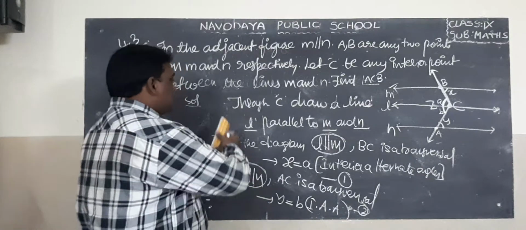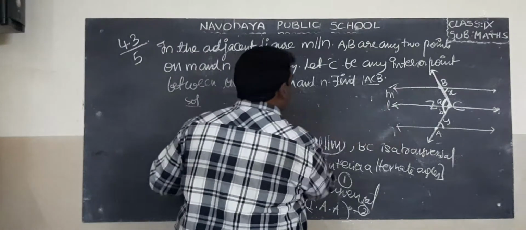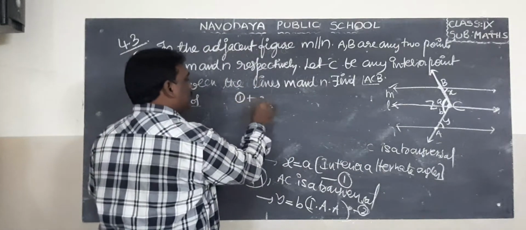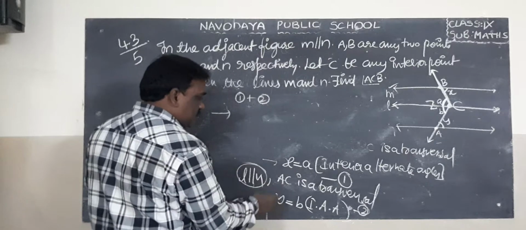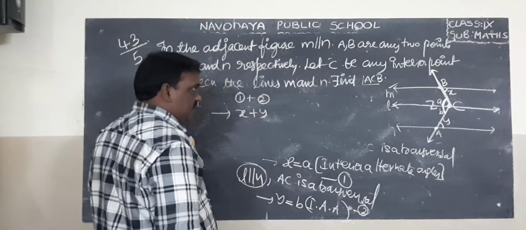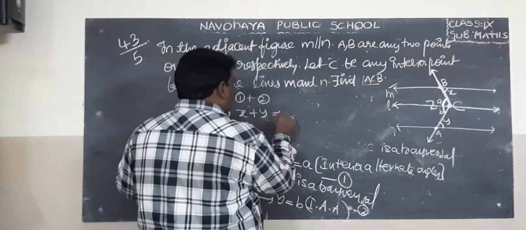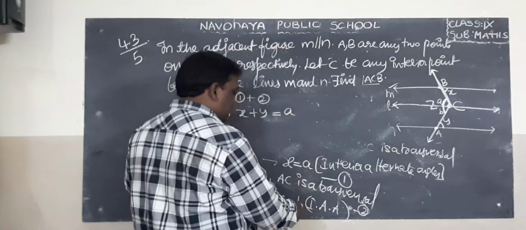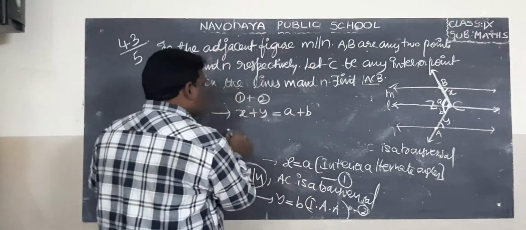Okay? Let us add 1 and 2. What is 1? X equal to a. What is 2? Y equal to b.